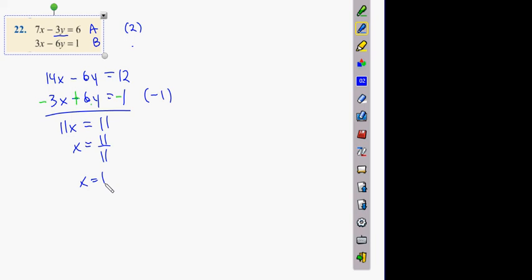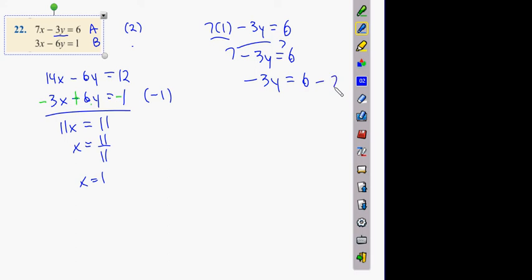Okay, now that we know that x equals 1, Connor, finish it off for me. Now you do the top one. Are you going to choose A, is it? Yeah. Okay, 7 times 1 minus 3y equals 6. What's 7 times 1? 7. And then bring the 7 over your side. What do you get? Plus 7, yeah, minus 7.